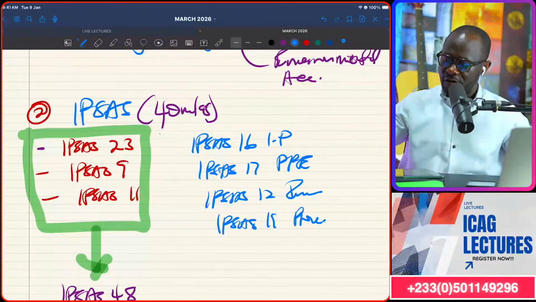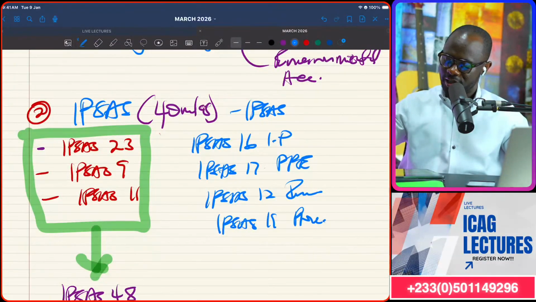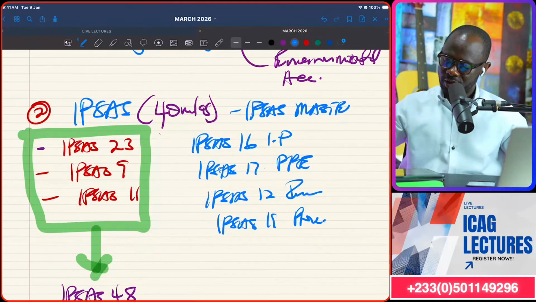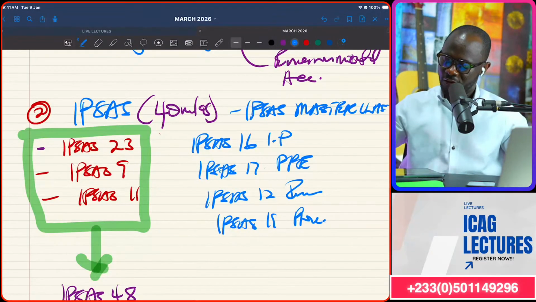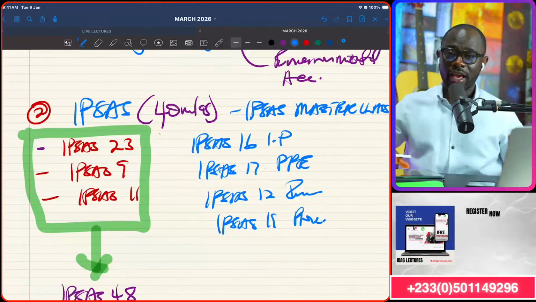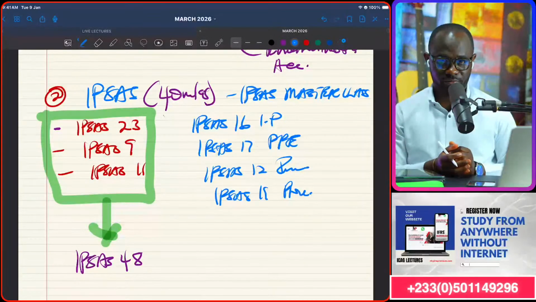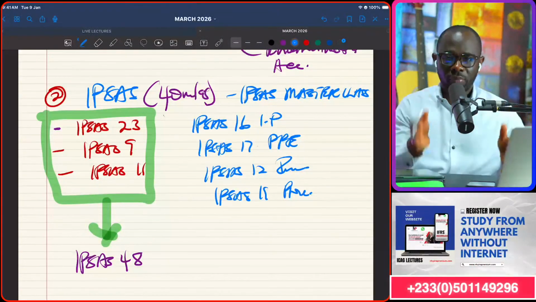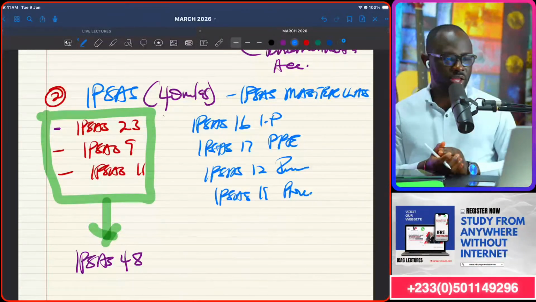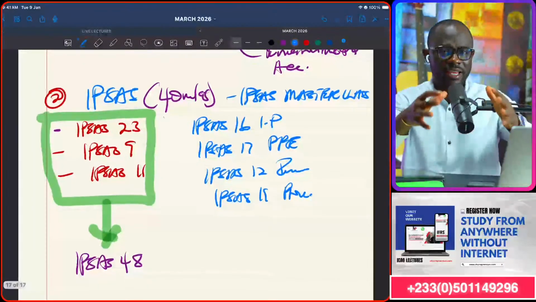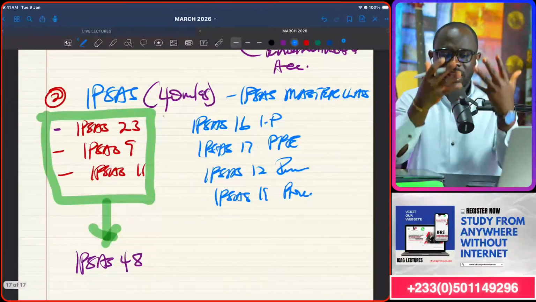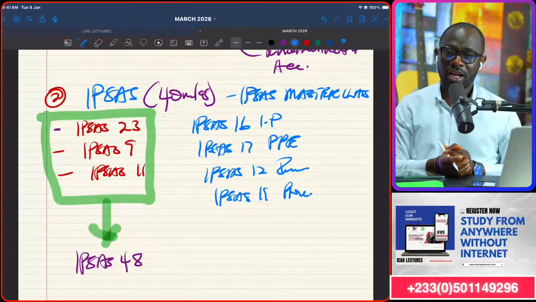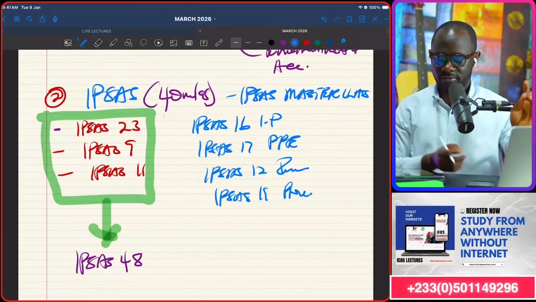And this is what I refer to as the IPSAS Masterclass. If you can be strong in the IPSAS, guess what? You will be good. That is one thing you must understand. But that is the second key area you must understand if you want to pass Public Sector Accounting and Finance.